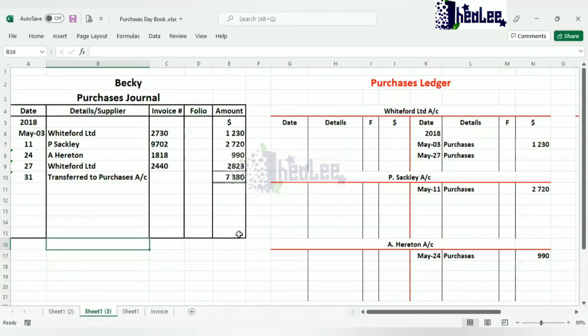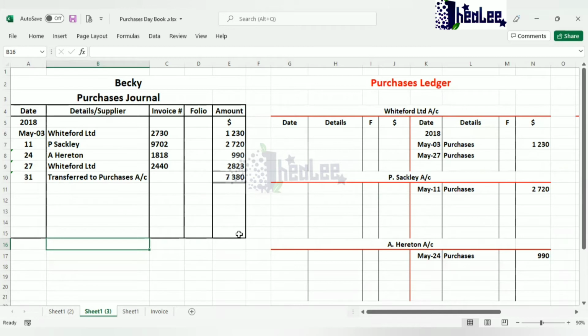So we're in the purchases journal. We are going to use PJ as the abbreviation for purchases journal. If you were using a purchases book, you would use PB. For the purchases ledger, I will be using PL.